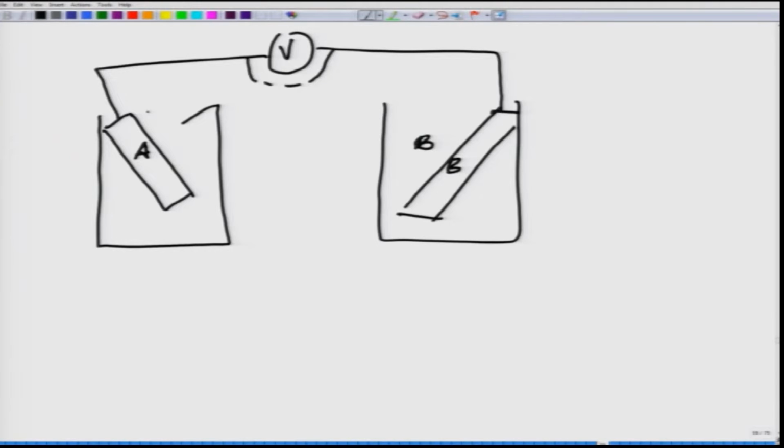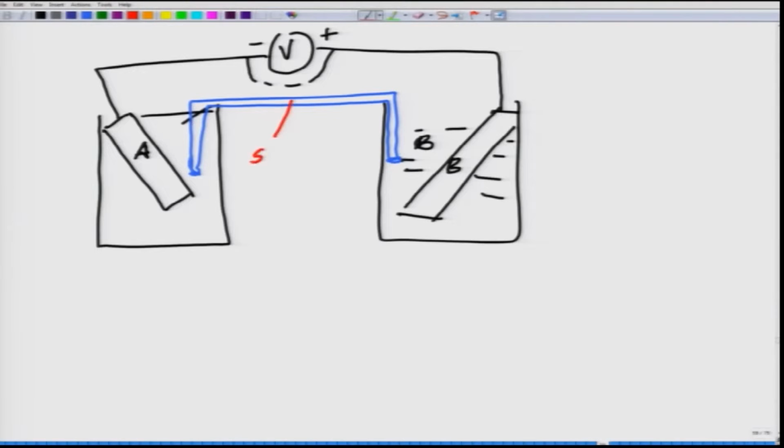Okay. And this is a negative terminal, this is a positive terminal. And here you have a salt bridge connecting them. This is how, as of now, we have talked about it. So, this is your salt bridge. Say we have talked about a silver electrode, a cadmium electrode, and so on.